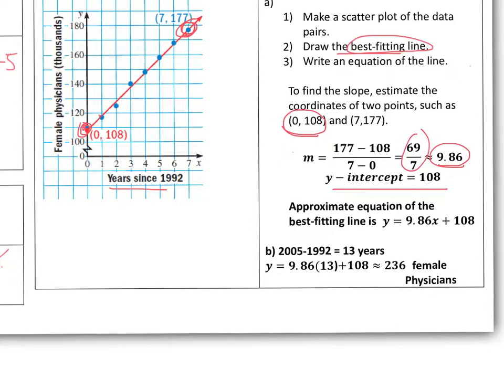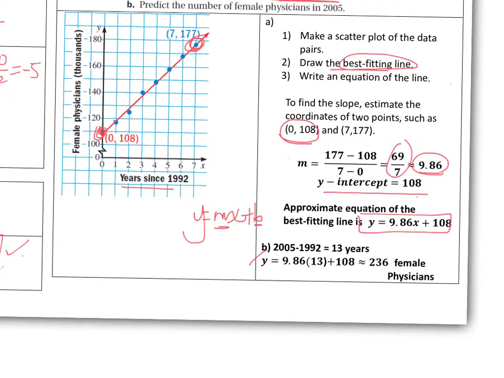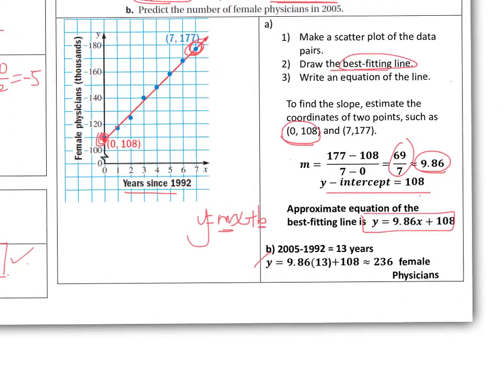Using the slope-intercept form, y equals mx plus b, I sub in 9.86 for m and 108 for b to get the best fitting line. And then part B, it asks you to predict the number of female physicians in 2005.